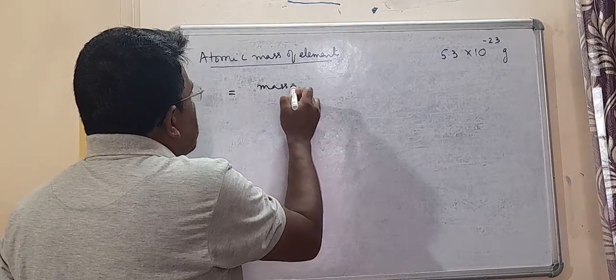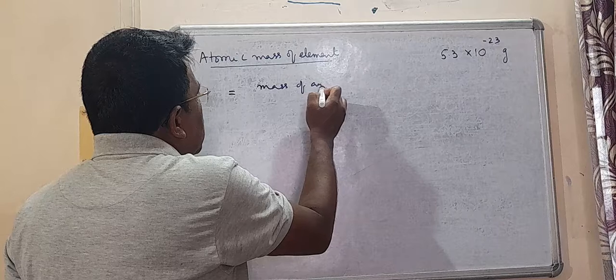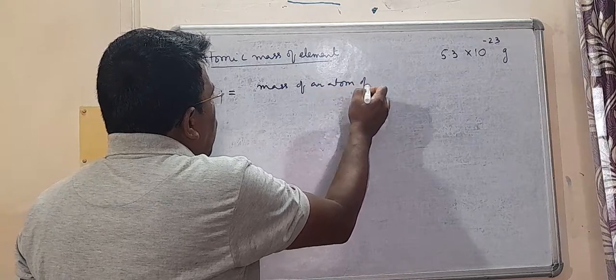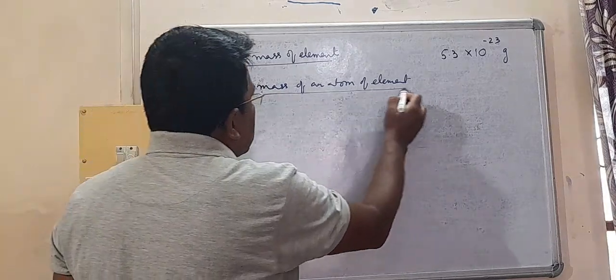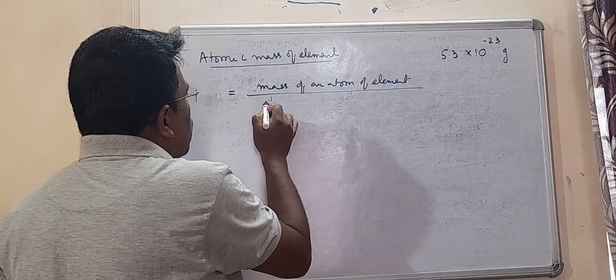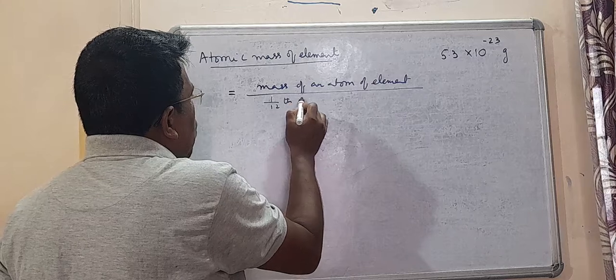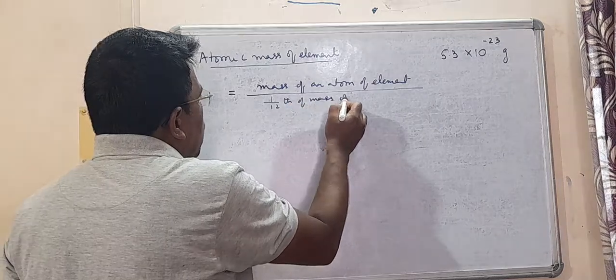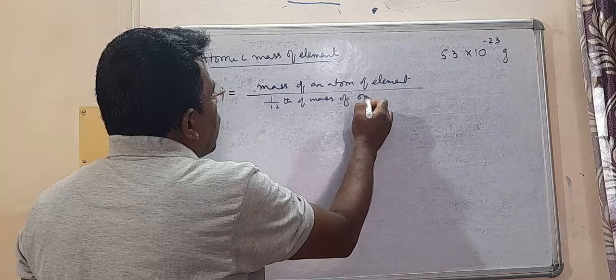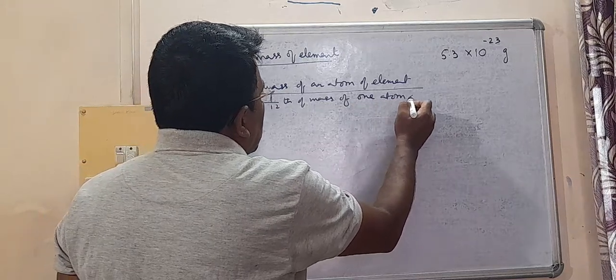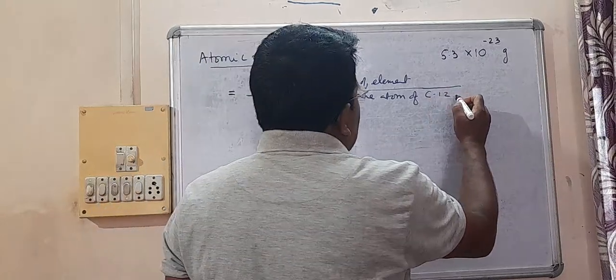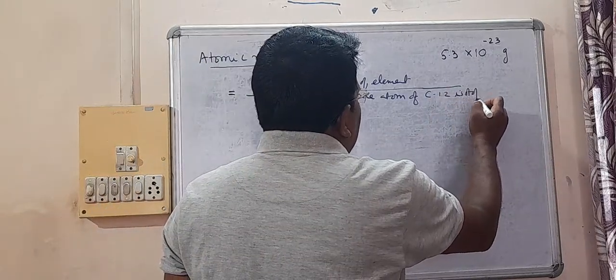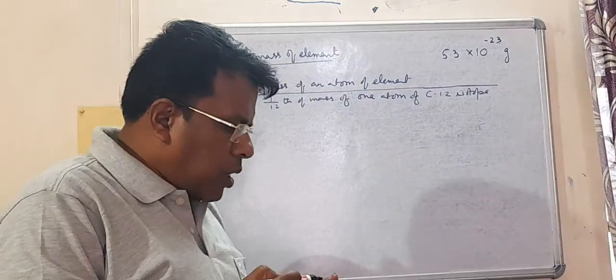It is defined as the mass of an atom of the element divided by 1/12 of the mass of one atom of carbon-12 isotope. So this is the definition of atomic mass.